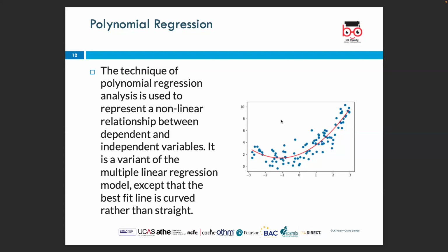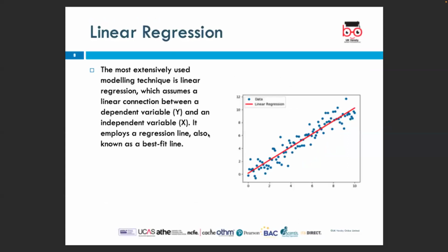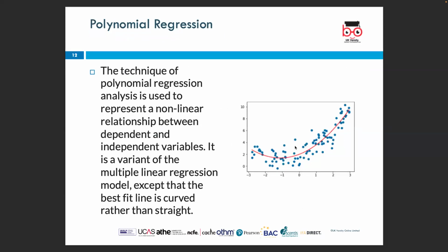It is a variant of the multiple linear regression model, except that the best fit line is curved rather than straight. Like in linear regression we have a straight line, whereas with polynomial it is curved, and we have data points in between.